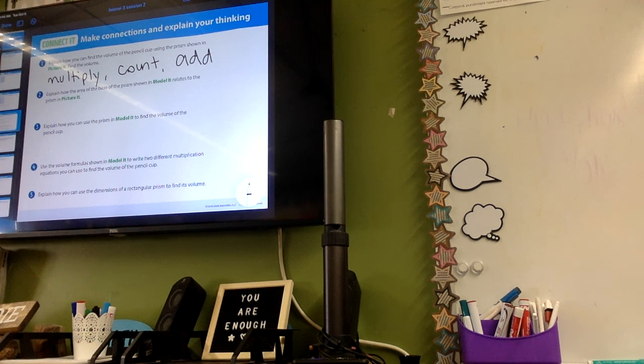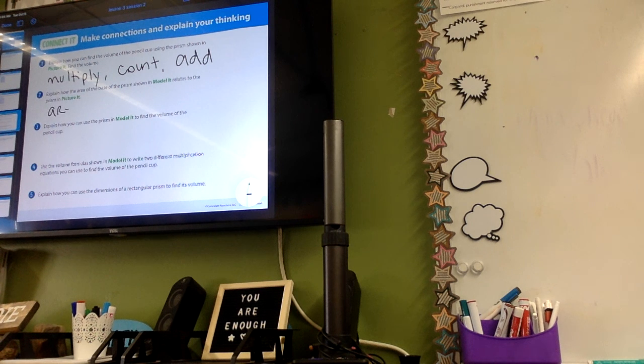All right, number 2, explain how the area of the base of the prism shown in Model It relates to the prism in Picture It. So how does the area of the base relate? How does that relate, Alyssa? Well, they're the same. Same as what?